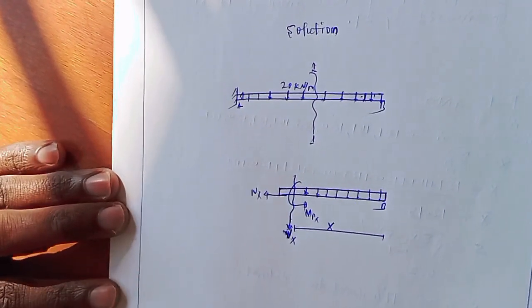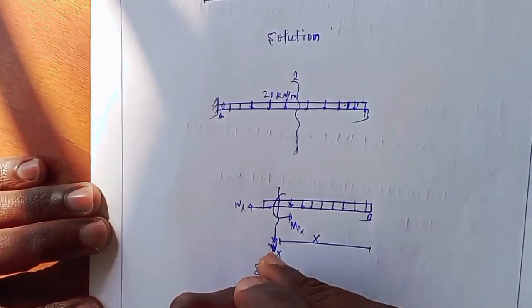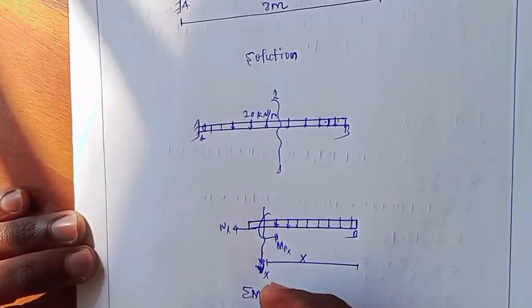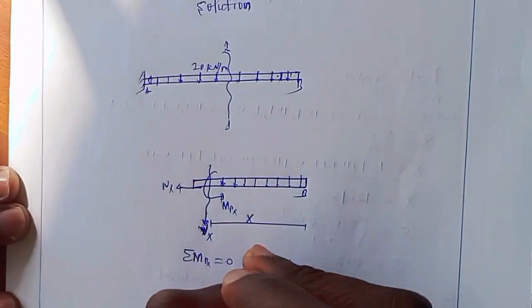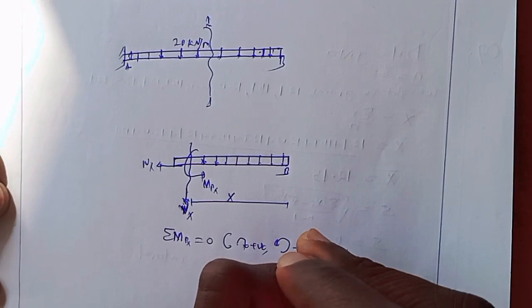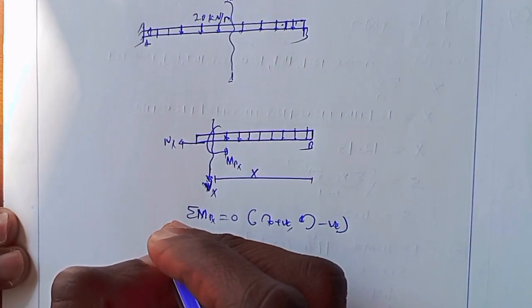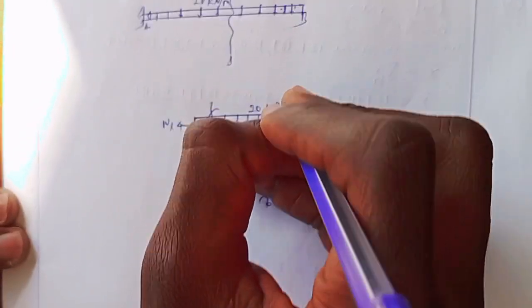Now to obtain the deflection, we take the summation of moments so as to obtain the moment due to applied load at point x. The summation of moment at point x is equal to 0. Clockwise direction will be positive and anticlockwise direction will be negative. This is 20 kilonewton per meter.